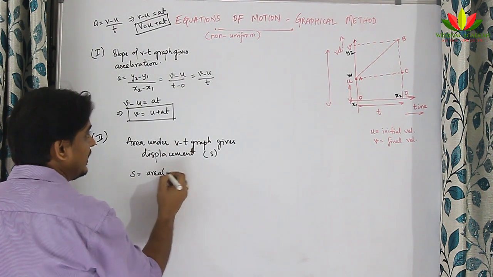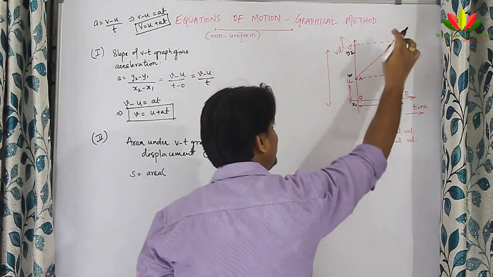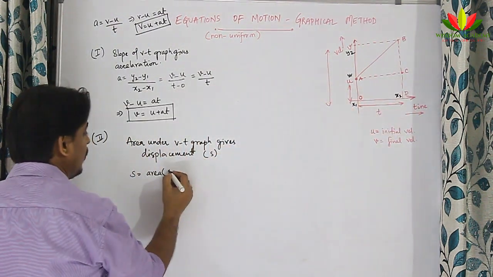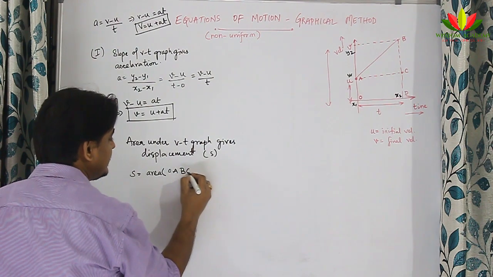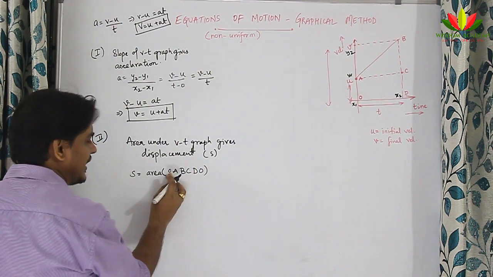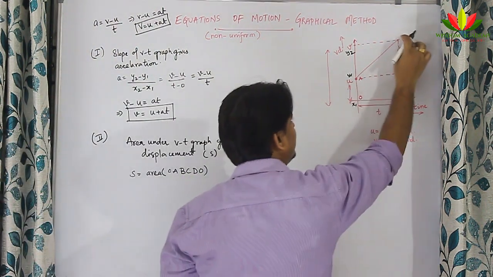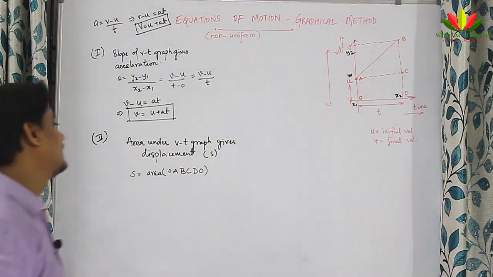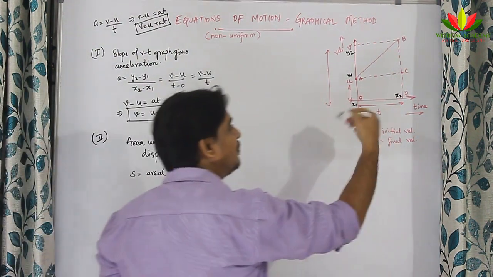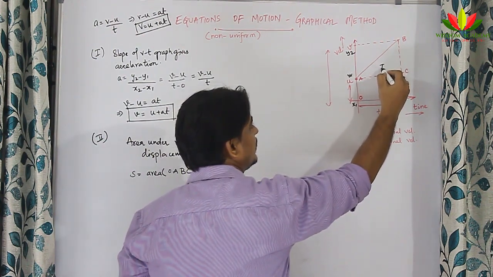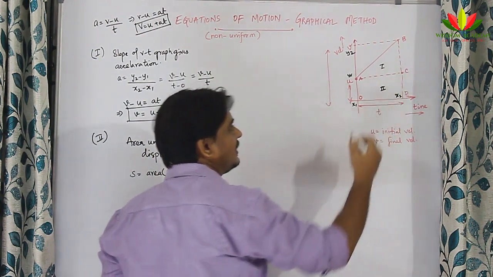Which area? This complete area, O, A, B, C, D, O. I am starting at O and ending at O because I want to show that it is a closed figure. Now this area I can break into two parts, the area of a triangle and the area of a rectangle.